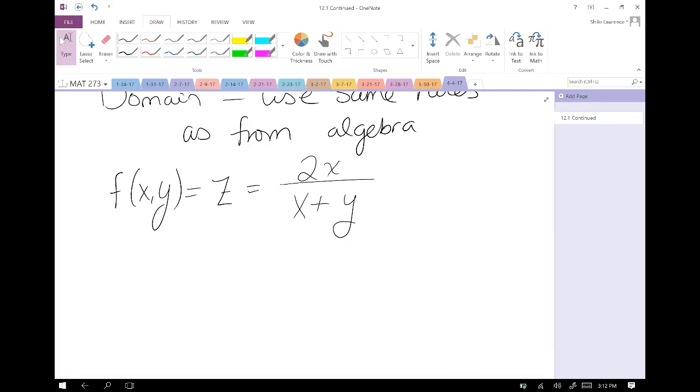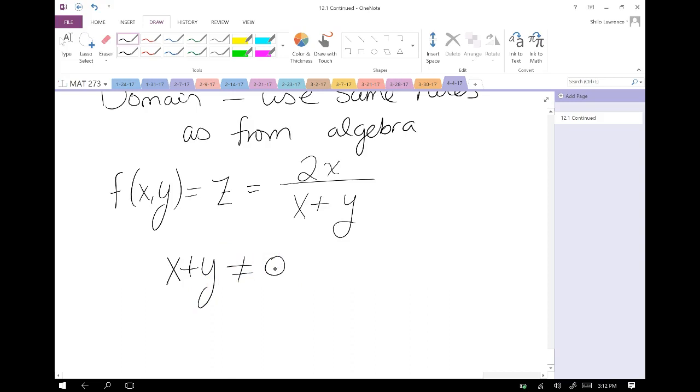So what do we need to be careful of in this type of function when we're thinking about domain? All we're worried about is domain right now. Just zero. 0 in the bottom, right. We need to make sure that x plus y doesn't come out to be 0.